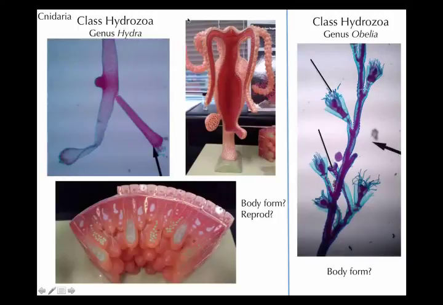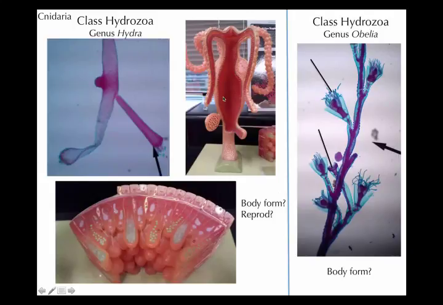So the first class we come to is Hydrozoa. These are going to be your genus Hydra, so this is a Hydra, versus also the genus Obelia, and this is an Obelia. So they're both Hydrozoa. Polyp form, you can see this one's, can't see the whole thing, but you can definitely see here polyps, right?